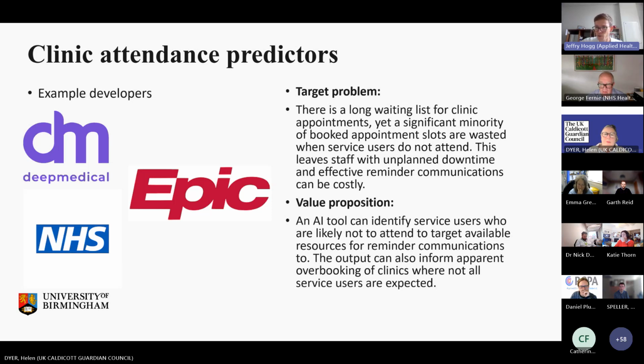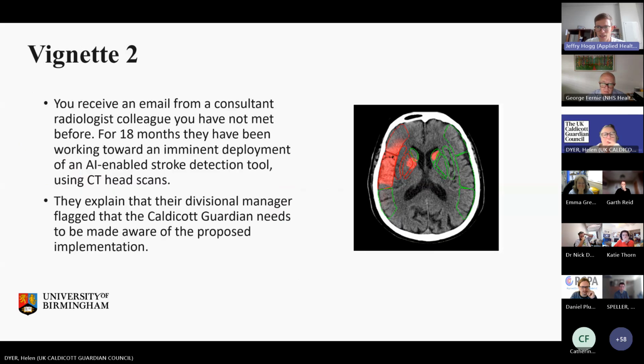So the idea is that these models predict which service users are more or less likely to attend, and that can inform either targeted reminders, so phone calls ahead of appointments, or one other use case, which is a bit more controversial, that is sometimes proposed, is that it can inform the booking for a clinic. So clinics with a lot of service users that are not predicted to attend may be overbooked, if that makes sense. Then if we go to a second vignette, it's a short bit to read.